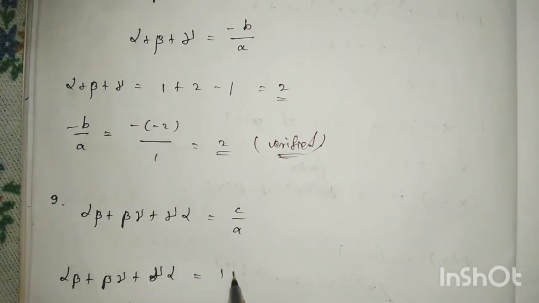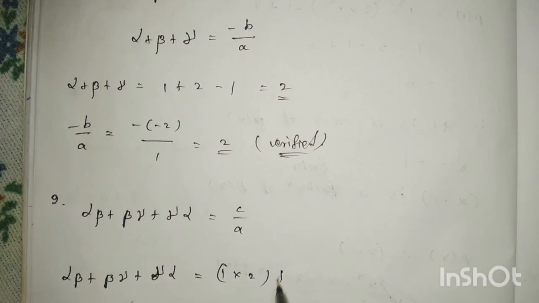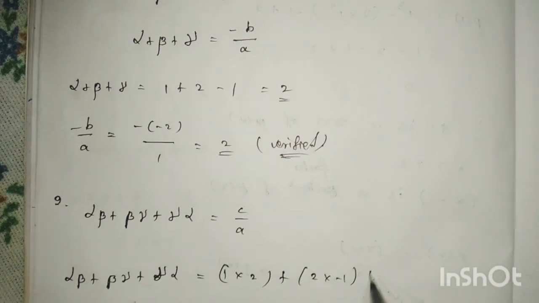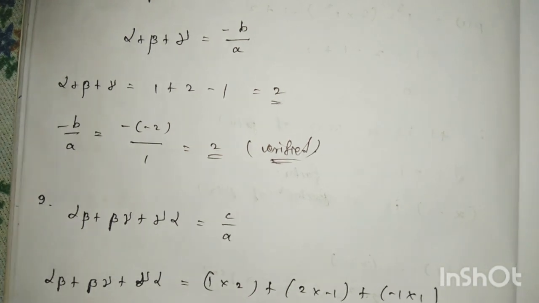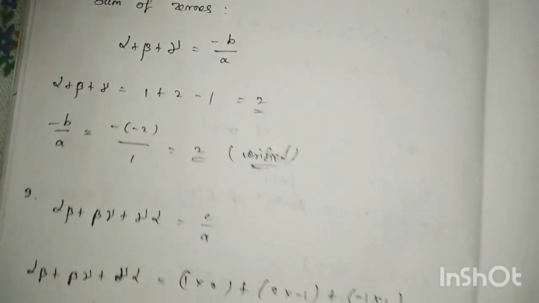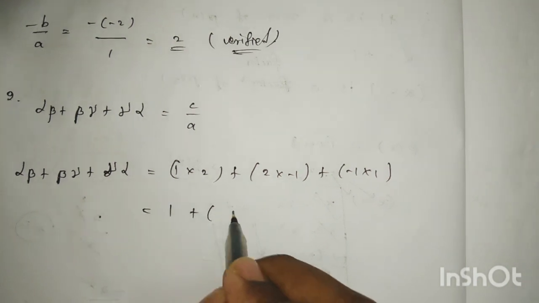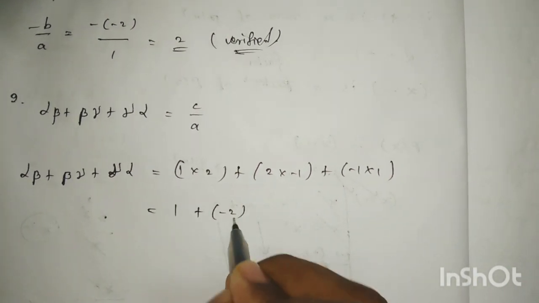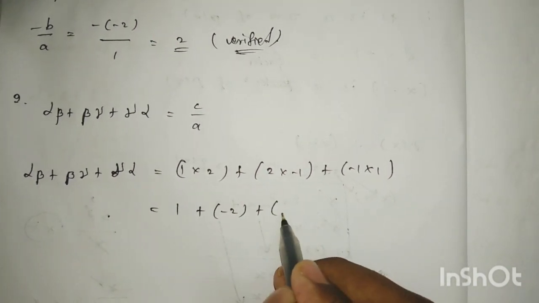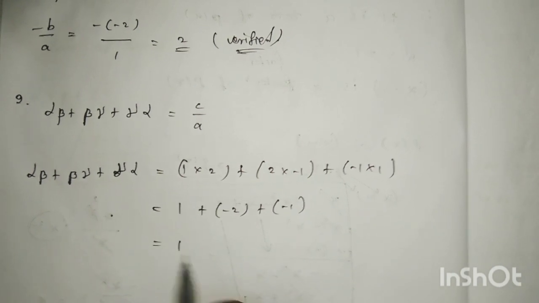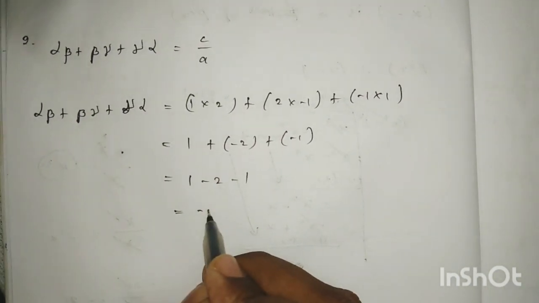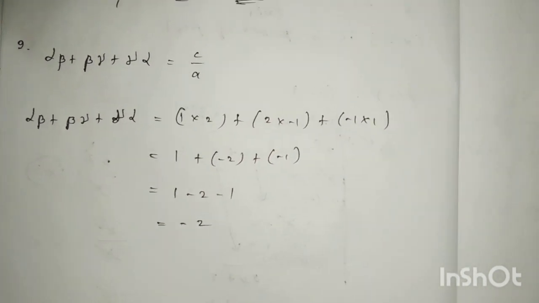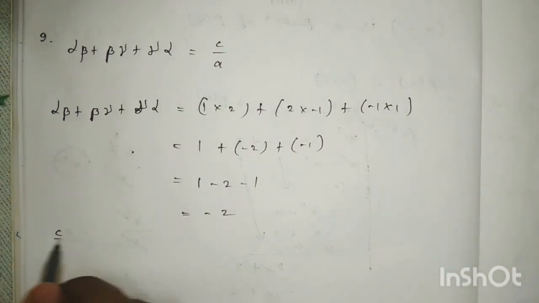Alpha value 1 into 2, plus 2 into minus 1, plus minus 1 into plus 1, right? So 1 twos are 2, plus 2 into minus 1 is minus 2, plus minus 1 into plus 1 is minus 1. Next, 2 minus 2 minus 1. So minus 1, right?